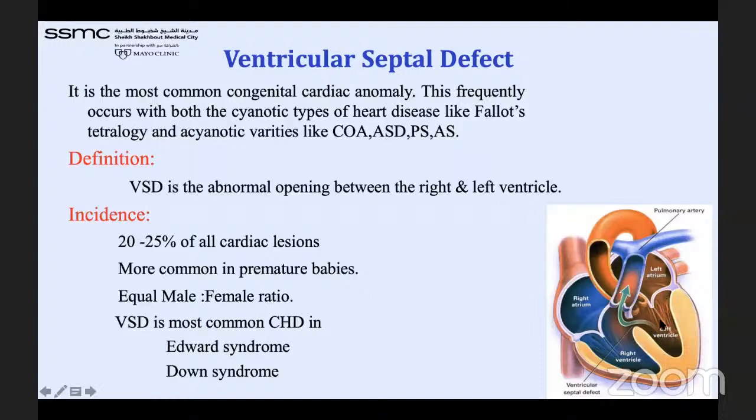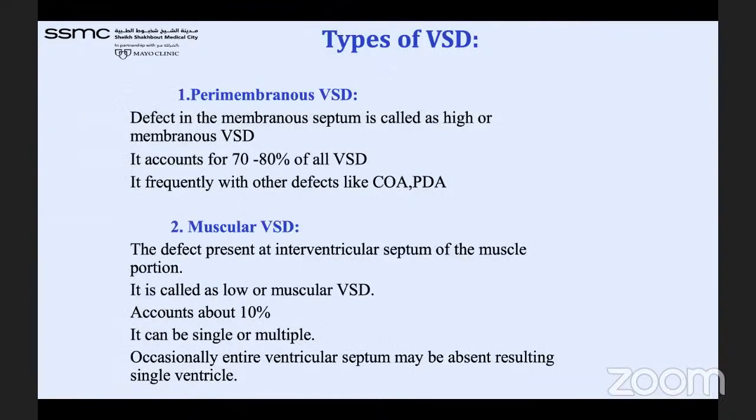It is simply a defect between the ventricles, as you can appreciate in this diagram, from the left ventricle to the right ventricle. Incidence is about 20 to 25% of all cardiac lesions, more common in premature babies. Male to female ratio is equal. VSD is more common in syndromes like Edwards and Down, and all syndromes can have VSD.